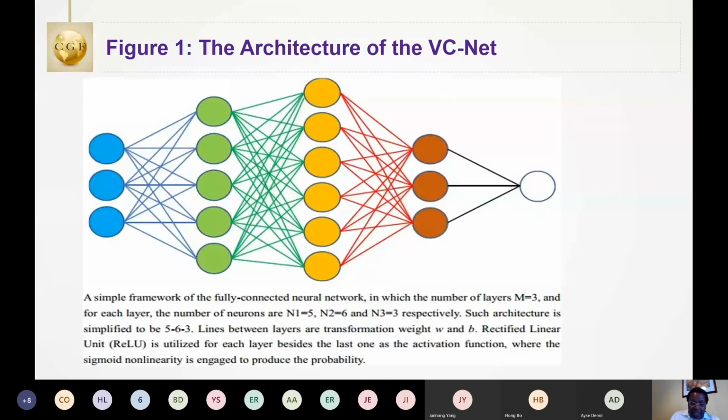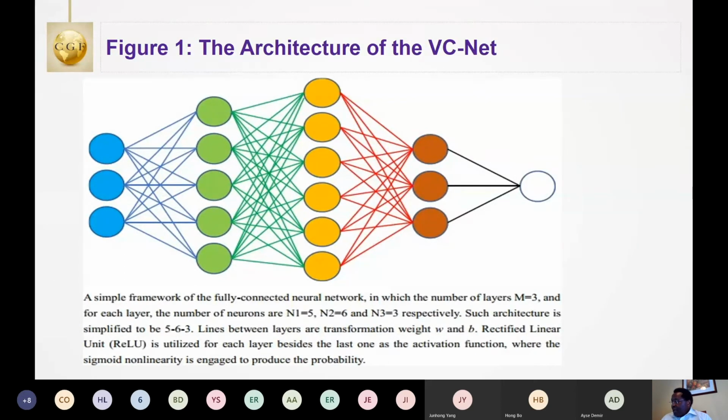It is a simple framework of interconnectedness, a fully connected neural network, in which the number of layers M is equal to 3. The number of neurons in N1 is 5, in N2 is 6, and in N3 is 3. Such an architecture is simplified to a 5-6-3 configuration.